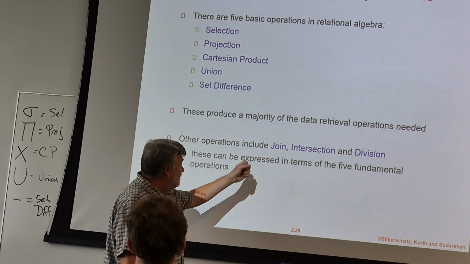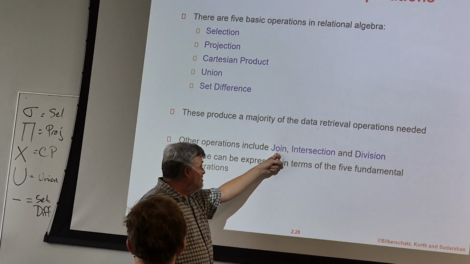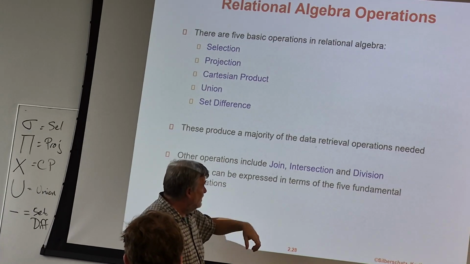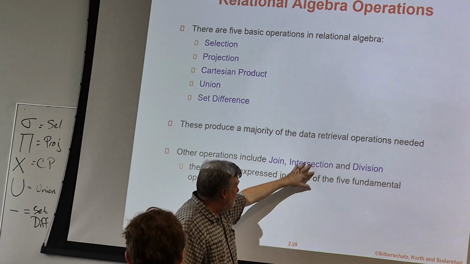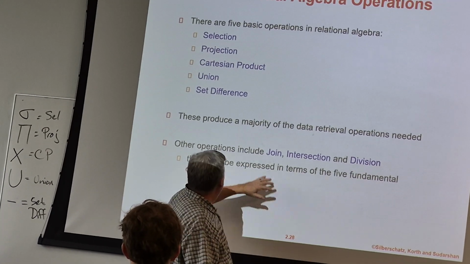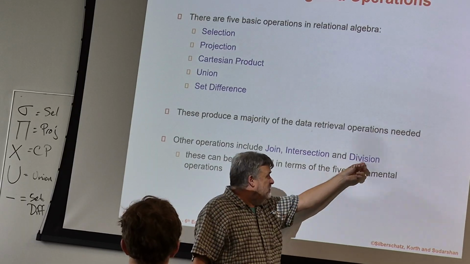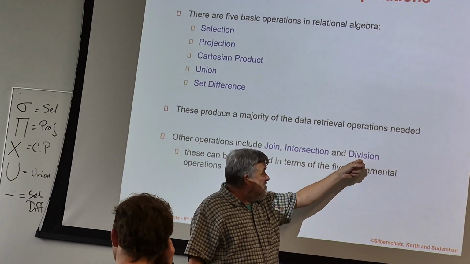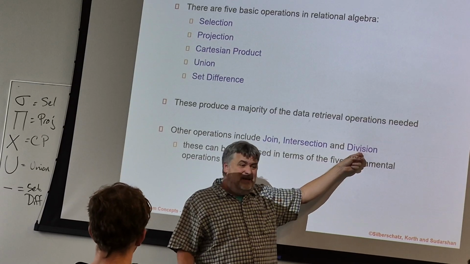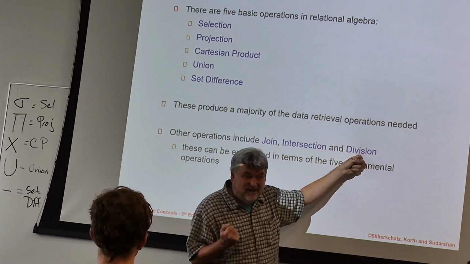And this one is going to be the most important of these three. This is the one that we do all the time when we do a non-fundamental one. Sometimes we care about what's common between two tables, but that's relatively less common. And then division is the one that all the students hate. Because division has nothing to do with mathematical division. It doesn't even make sense that they named it like that.